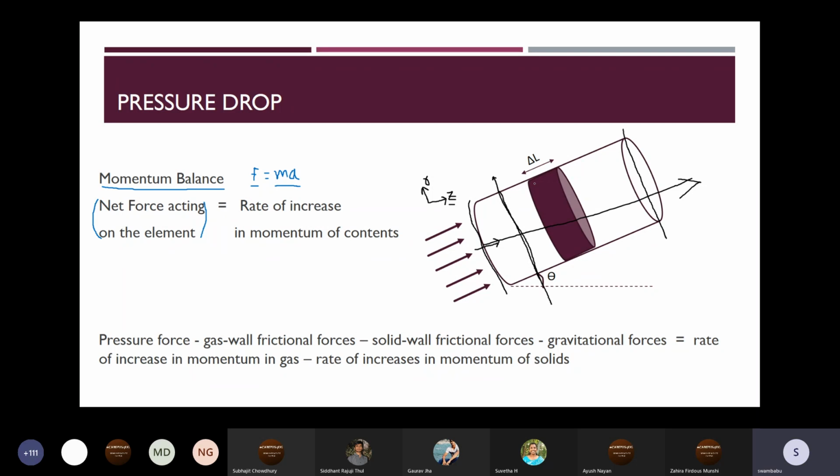That's why we have taken the small element in the axial direction without changing the radial direction. So that's the element part.